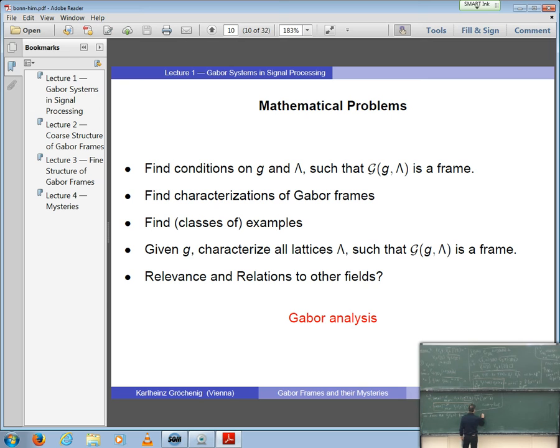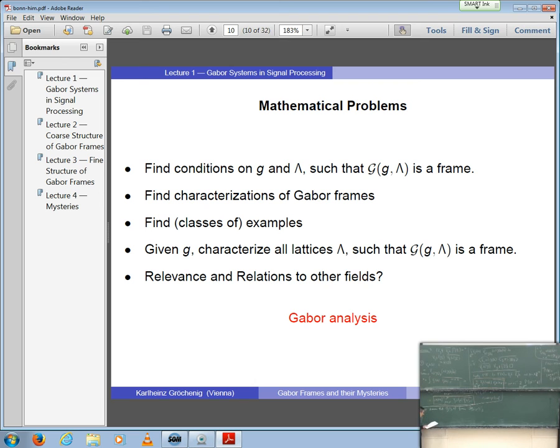And we have already seen in the reconstruction from the frame coefficients, it can be written down with a dual window. This is well defined. That's where the frame assumption comes in.